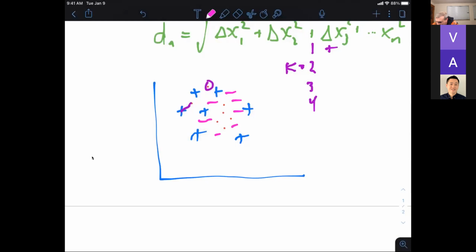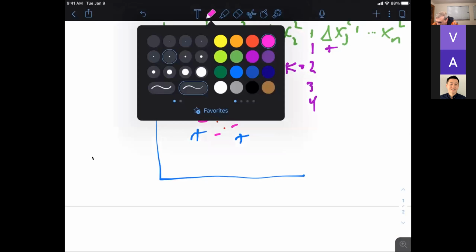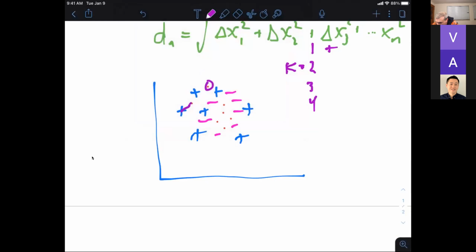So this one right here says, I don't know who I am, so I'm going to go to my nearest neighbor. And that's also a plus. So this point here thinks he's a plus. This one right here says, hey, that guy's the closest, so I think I'm a minus. So this is the general idea: you look around you and see who's nearest to me, and you decide who you are based on who's closest to you.